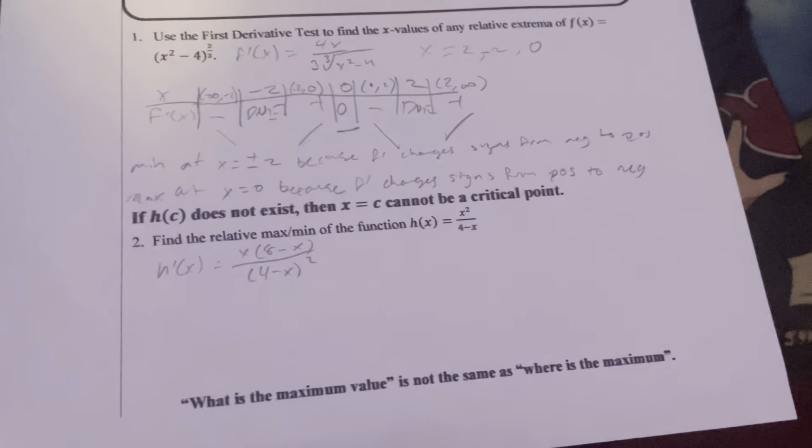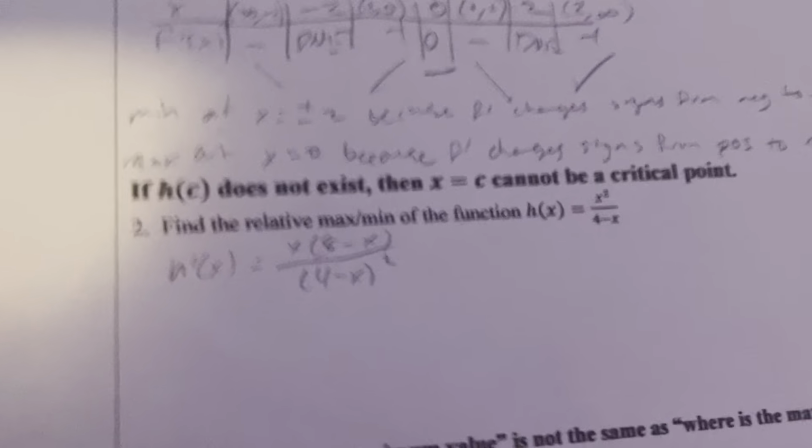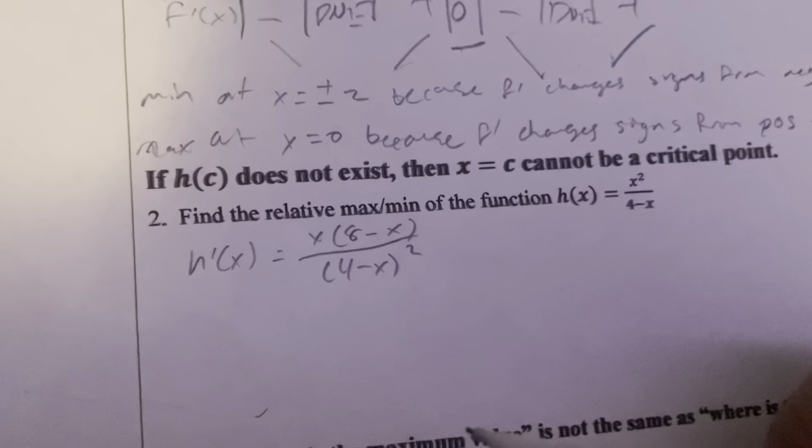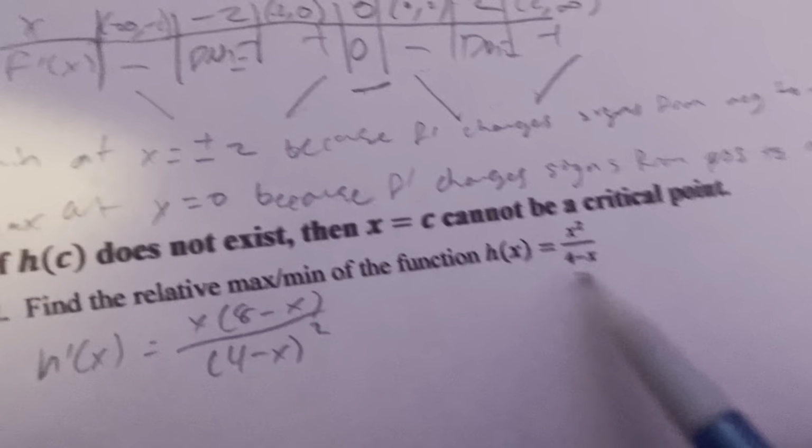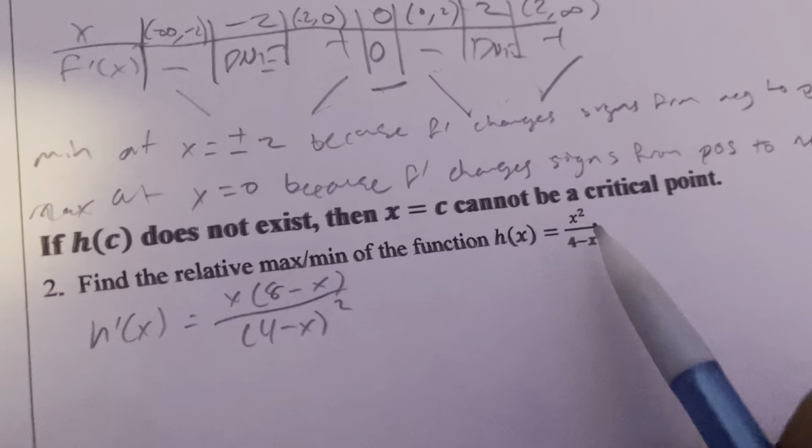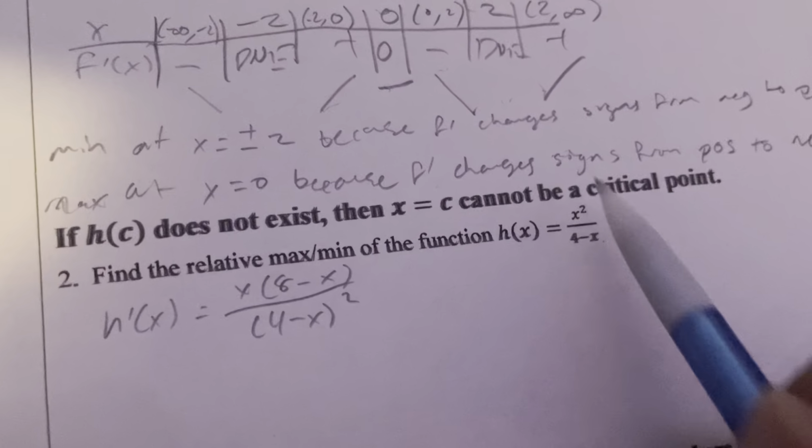Now we look at what number would make it not exist. Right here, you can already see that positive 4. If you plug in a positive 4 right here, this will make the original function not exist. So that cannot be our critical point.